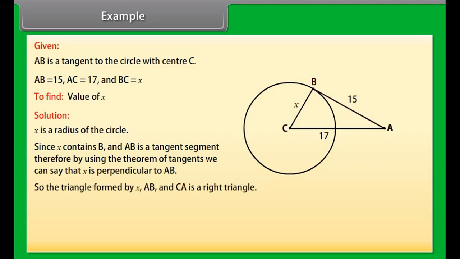So the triangle formed by X, AB and CA is a right triangle. Now by using the Pythagoras theorem, we get 15 squared plus X squared is equal to 17 squared, or X squared is equal to 64, which gives us X as 8.